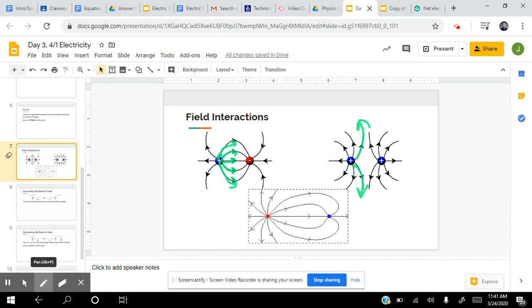Our field interaction lines always flow from positive to negative. That's why you're noticing that we have the arrows pointing away from the positive, going towards the negative.